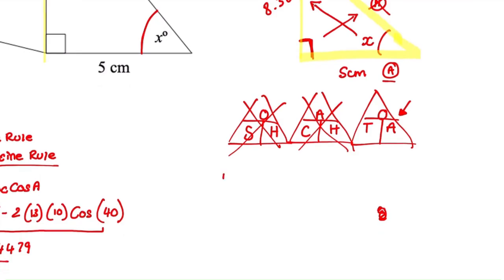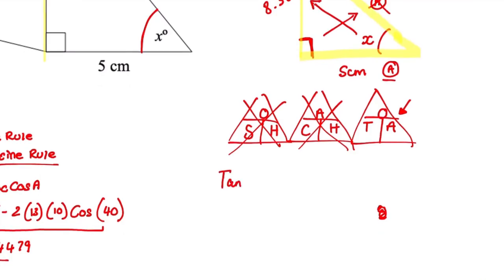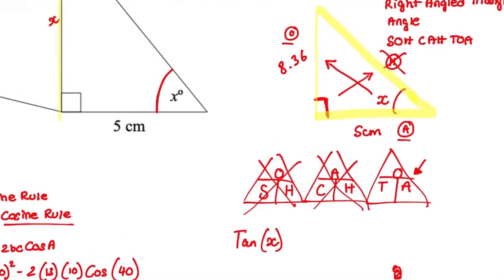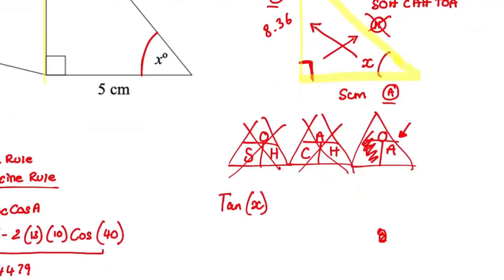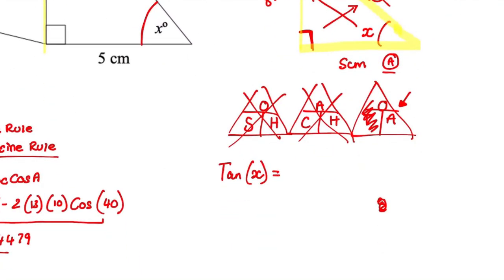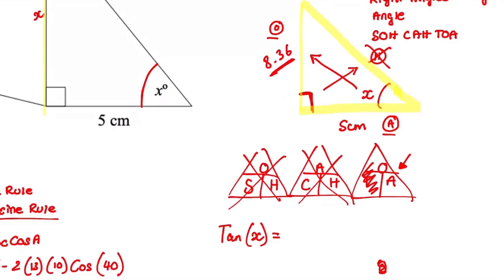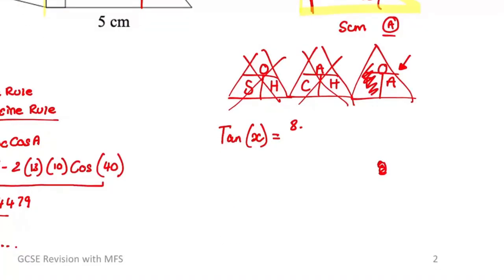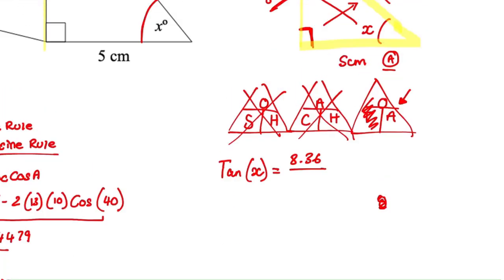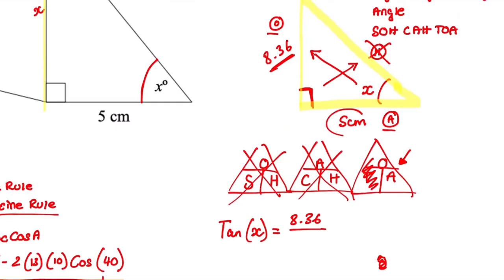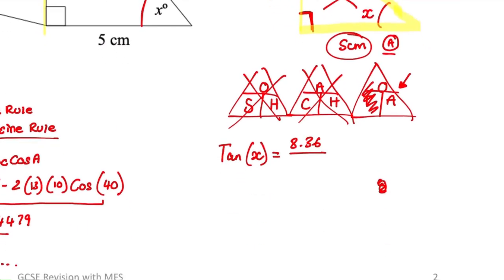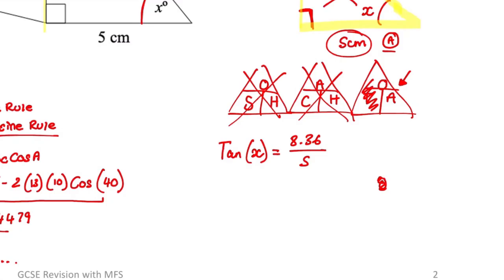Okay, so it's going to be tan of the angle, which is tan x, because we don't know our angle. We're going to cover that up over here. And then we're going to be left with the opposite, which is 8.36. So we're going to have 8.36 divided by the adjacent. The adjacent is over here, which is 5 centimeters. Now when we're working out the angle, we want to get rid of this tan and bring it to the other side.